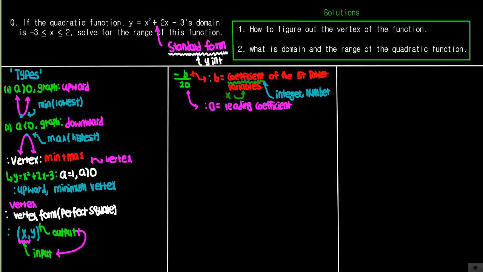So a is our leading coefficient, which means it is the coefficient of the highest power term. So if we can realize that, we can input our values and solve for it.